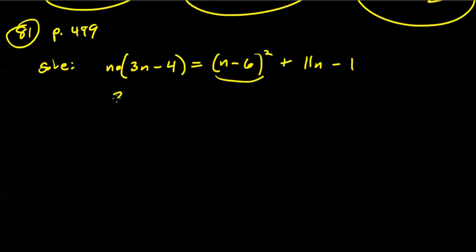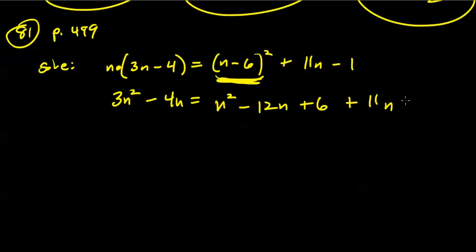Let me start out on the left hand side. I'll get 3n squared minus 4n on the left. On the right hand side, if I square n minus 6, I'll get n squared minus 12n plus 6, squaring that binomial, and I'll need to add that to 11n and then subtract 1.